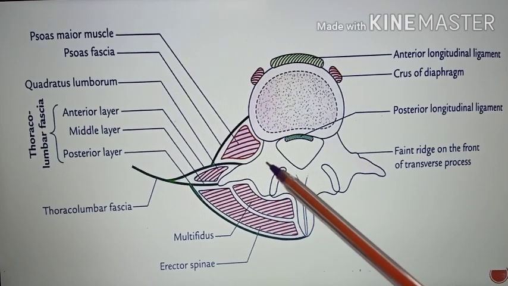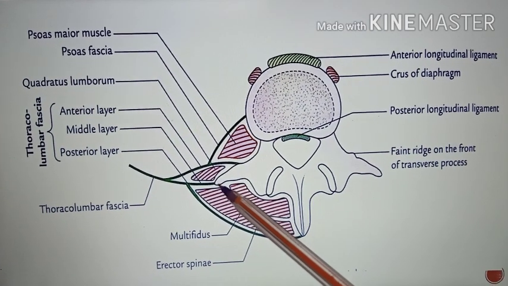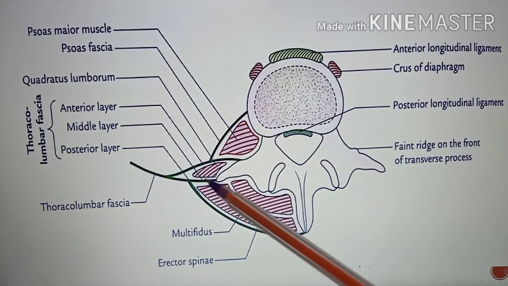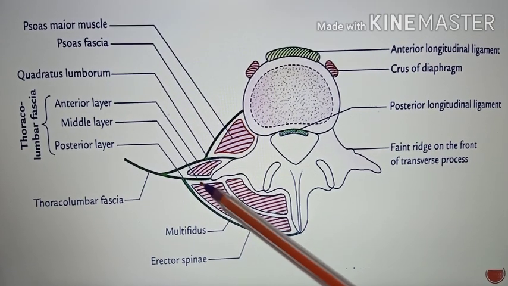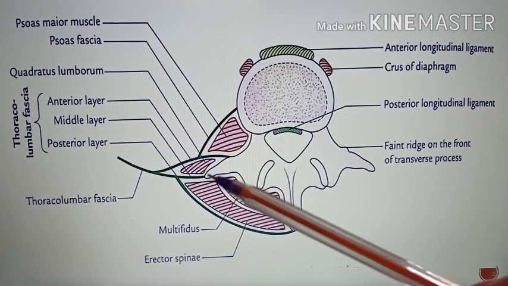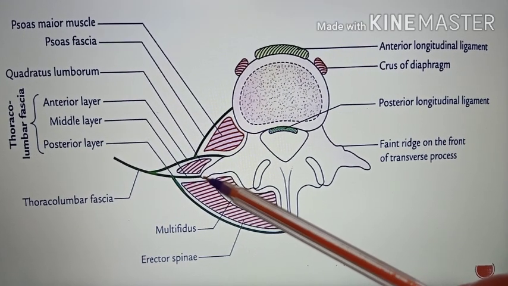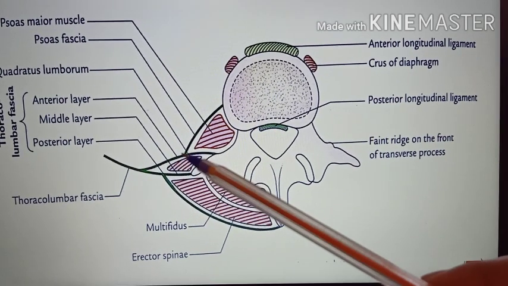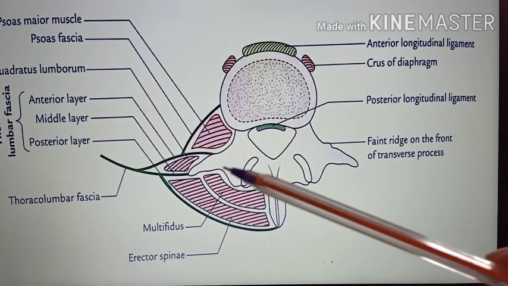In this picture, you can see this is the transverse process, and this is the tip of the transverse process. The middle lamella, or middle layer of the thoracolumbar fascia, is attached to the tips of the transverse processes of all the vertebrae.